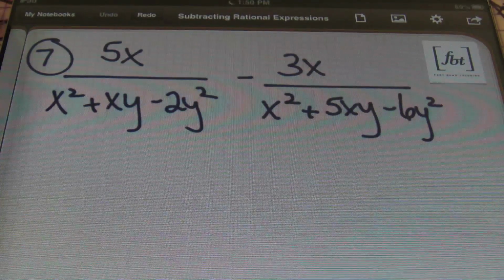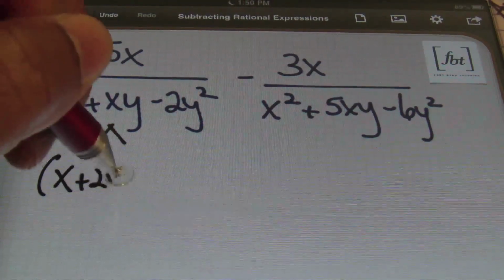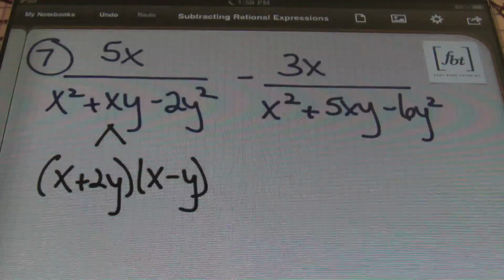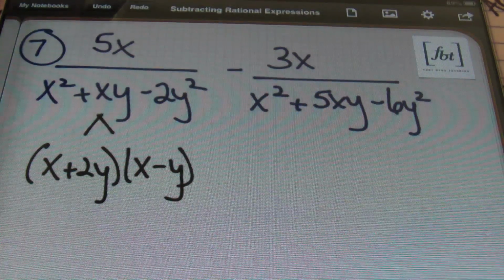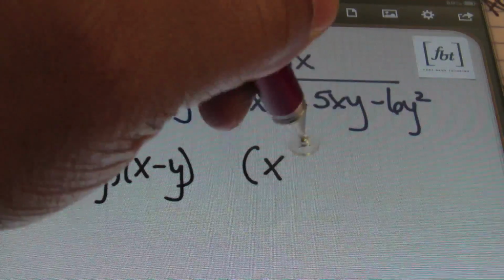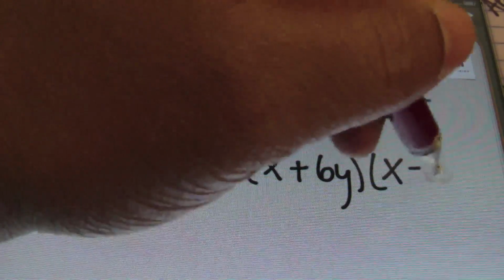So factoring the first denominator, we'll end up with x plus 2y times x minus y. That'll be the factorization of that. Factoring the second term's denominator, you'll end up with x plus 6y times x minus y.